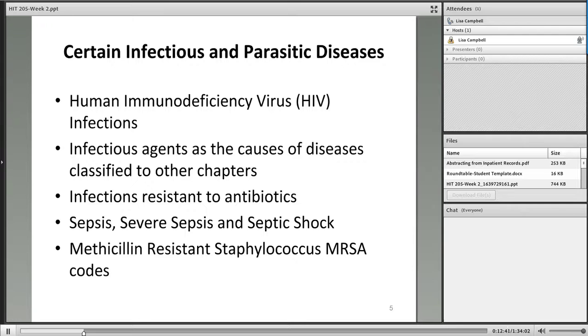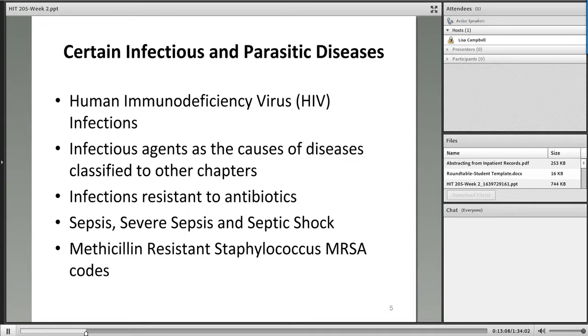Those are known as opportunistic infections. In the files area, you'll notice that I've uploaded a lot of files today. Definitely download them and read them. I uploaded one related to HIV-related conditions, and that's going to be important as it relates to one of the guidelines. So let me share with you the guideline that I'm referring to.